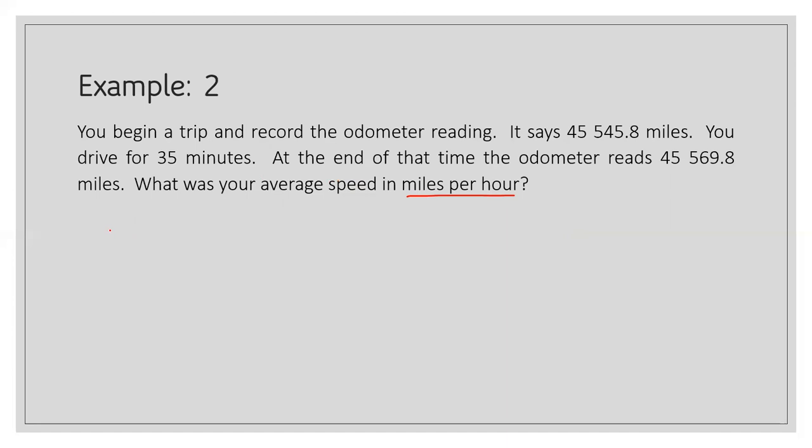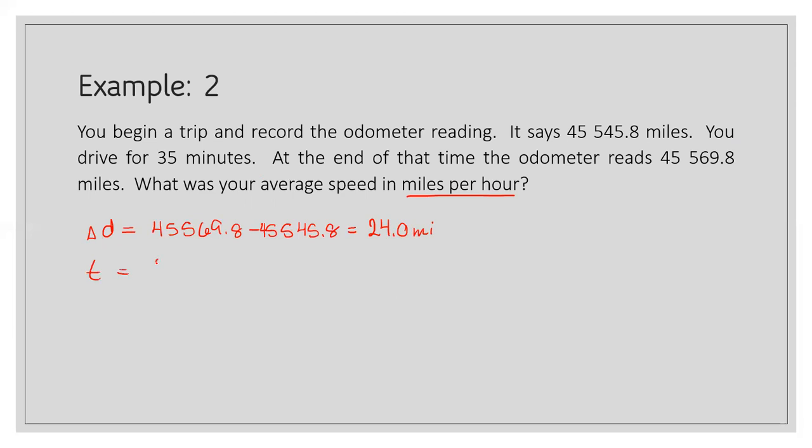All right, so we need to know the change in distance, which is going to just be equal to 45,569.8 minus 45,545.8 gives us a grand total of 24.0 miles. Okay.